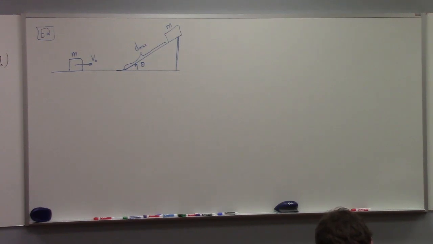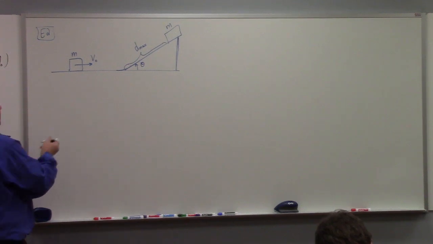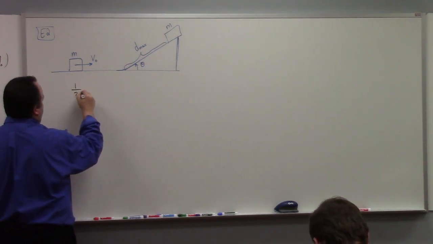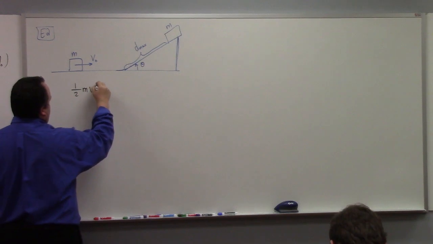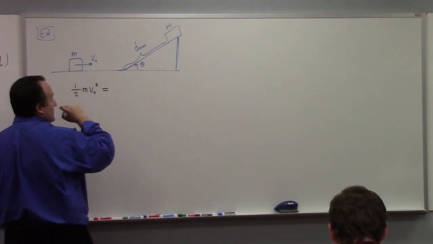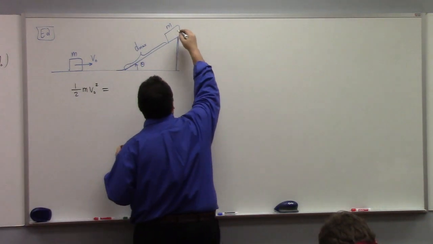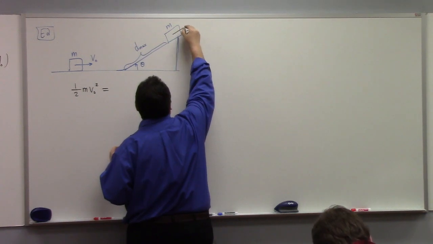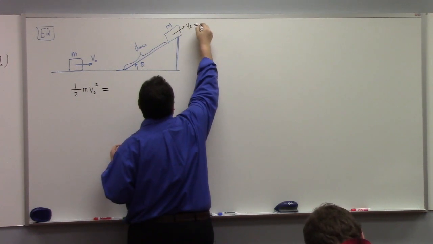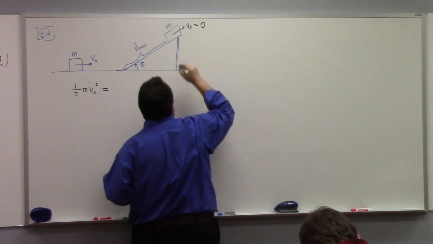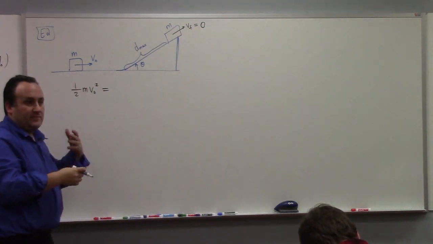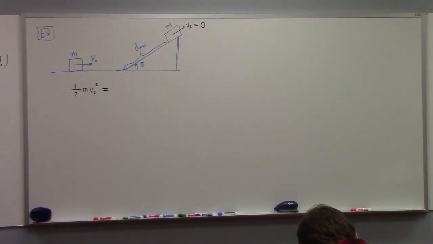So I can still say, 1/2 m v0 squared is equal to what? At the highest point, intuitively speaking, what's the final velocity? It's 0, right? Just before it starts sliding back down, it would be 0.